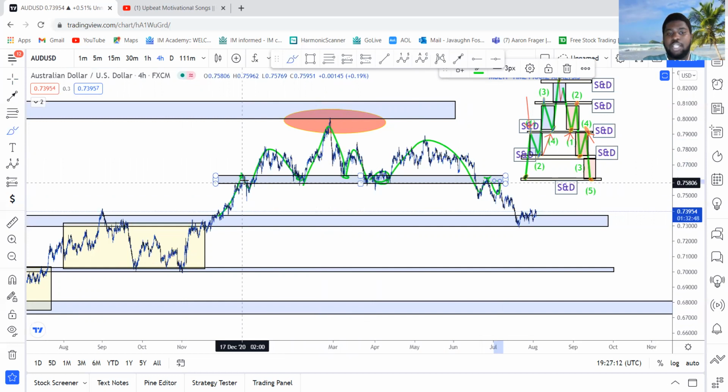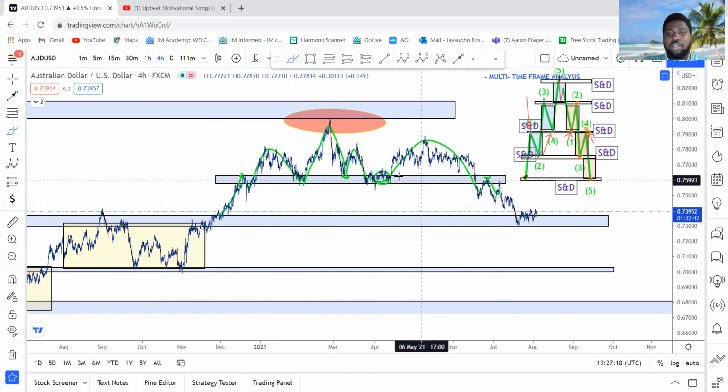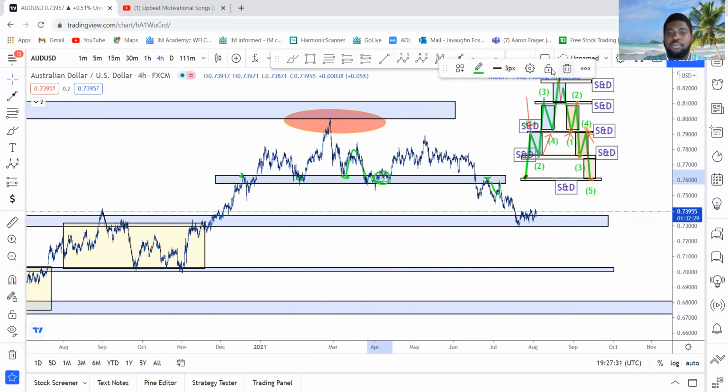So as you can see, price has been touching this area multiple times. So that right there, guys, is your supply and demand area on the 4 hour time frame.